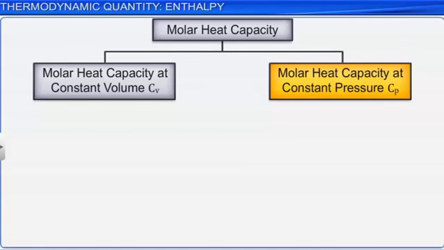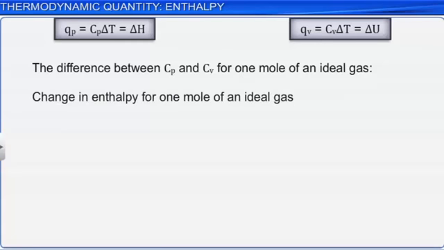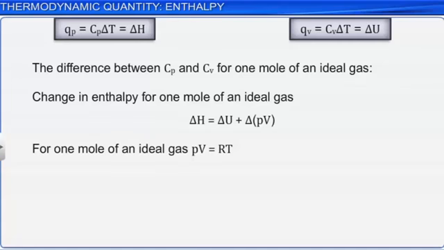The difference between Cp and Cv for 1 mole of an ideal gas can be derived as follows. The change in enthalpy for 1 mole of an ideal gas can be written as delta H equals delta U plus delta (PV). For 1 mole of an ideal gas, PV is equal to RT. Hence, the equation can be written as delta H equals delta U plus delta (RT).